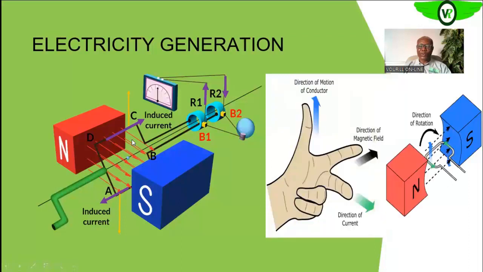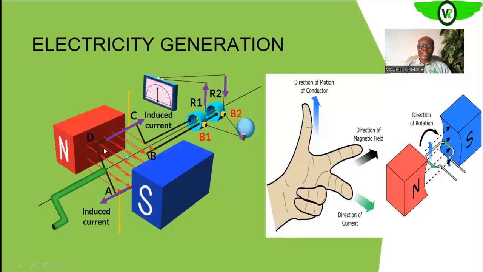From your Fleming's left-hand rule, you know that once a conductor is made to move in a magnetic field, voltage is induced into that conductor. The direction of induction of that current is what Fleming's left-hand rule will help us to determine.